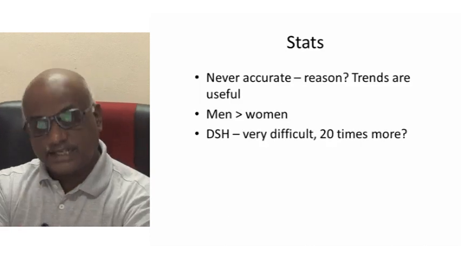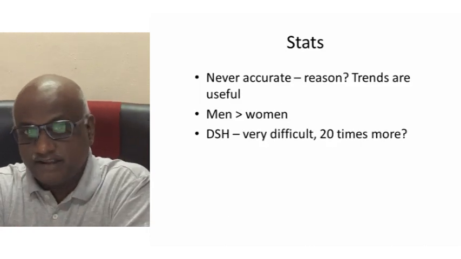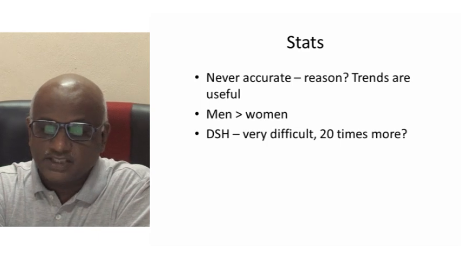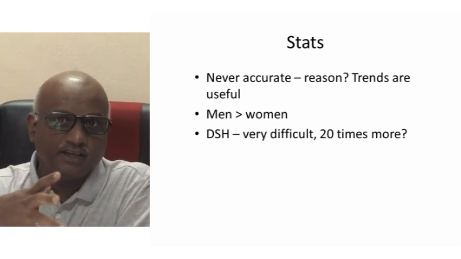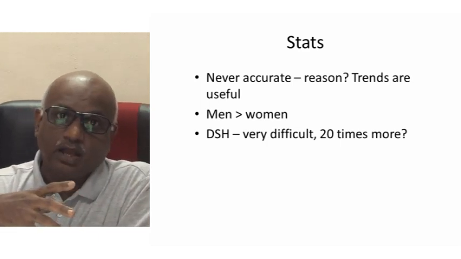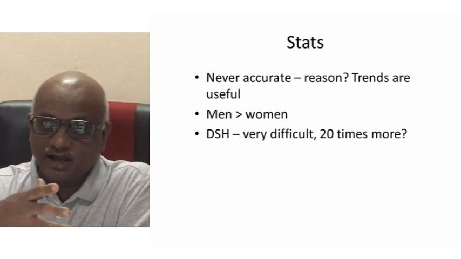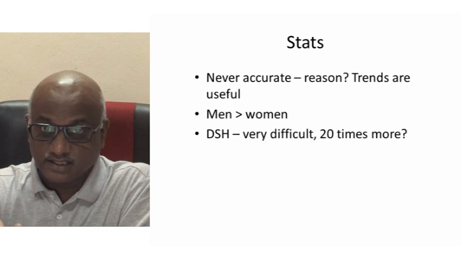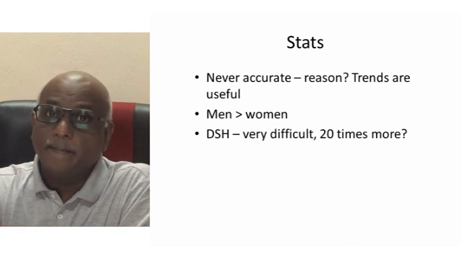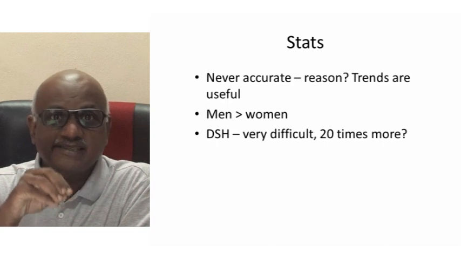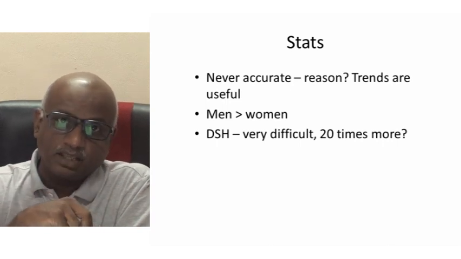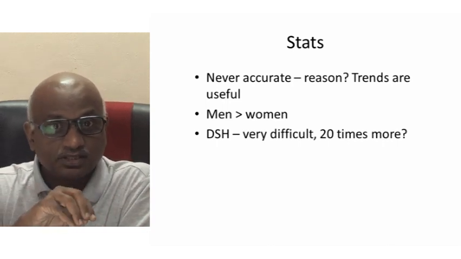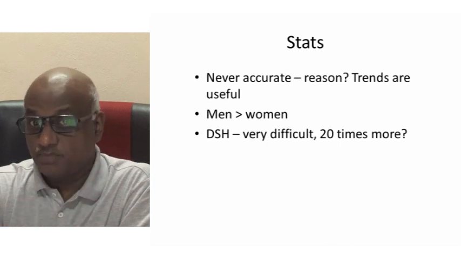Now when we come to statistics about suicide, we are never accurate because there are many factors that interfere with counting. Sometimes deliberate self-harm or suicide is counted as a natural death when people are not clear. And also suicide carries some amount of stigma. It also causes problems in accessing insurance money.